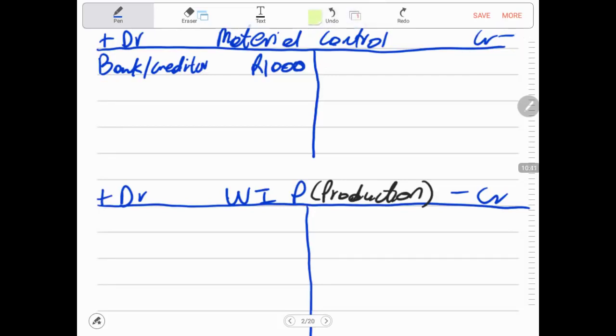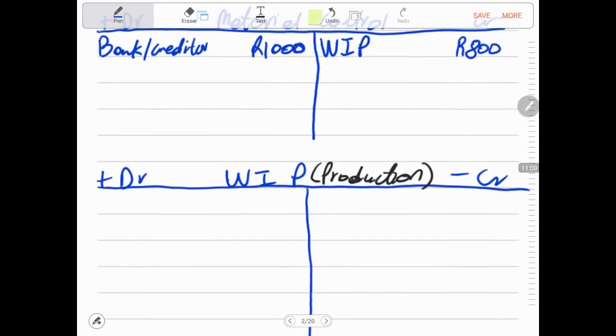Why are we decreasing material? Because some of the material is going into the work in process ledger account. Let me say we issue material that is worth 800. So the work in process will increase by the value of the material that was received.